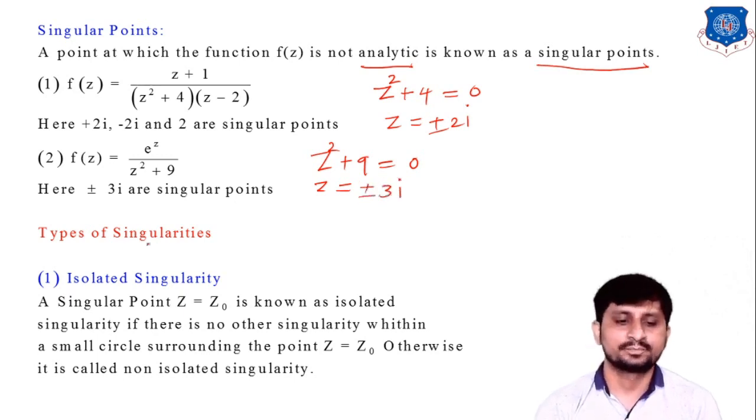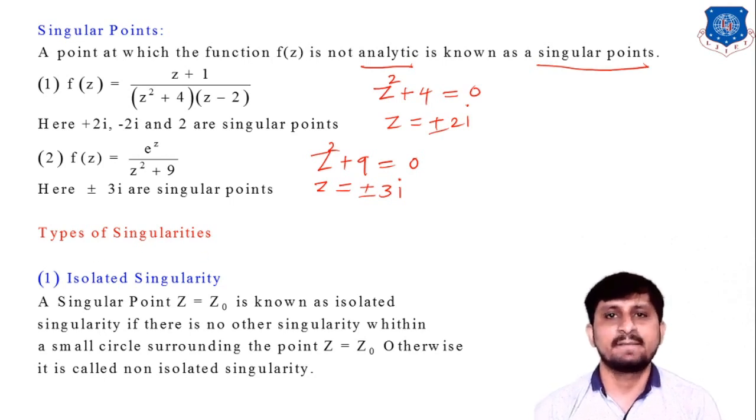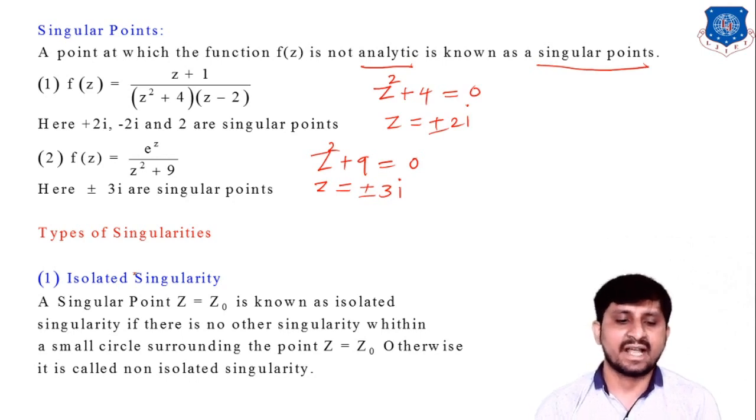Clear? Now, types of singularity. The next concept is types of singularity, and that is a very important concept. First is isolated singularity. Try to understand this definition very carefully. A singular point z equal to z0, definitely z0 is our singular point, is known as an isolated singularity if there is no other singularity within a small circle.